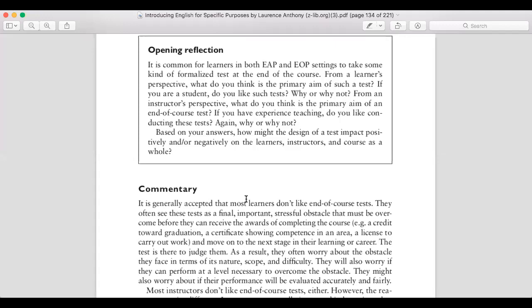Okay, they are worried about their performance, they are worried about the result, they are even worried about how they would be evaluated, right? So this stress and these worries might act as an obstacle in learning, right?